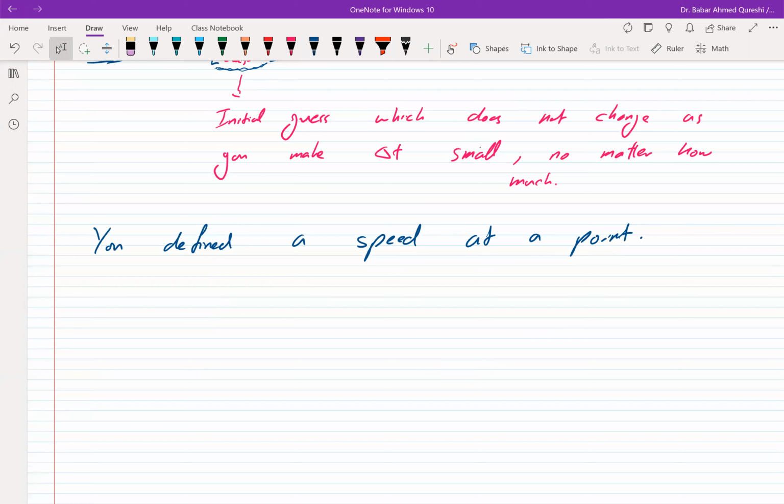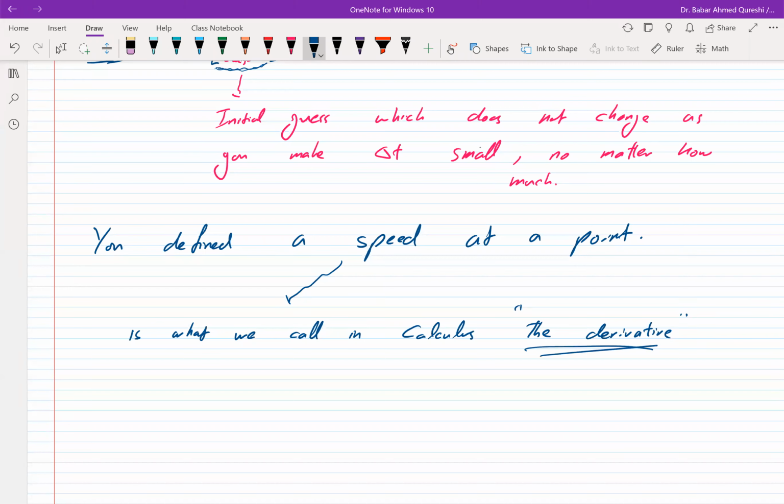And as I said, this is just a metaphor for any two quantities depending on each other. The speed is what we call in calculus the derivative. And this is one of the main quantities which you are interested in, which you want to be able to compute, able to define.